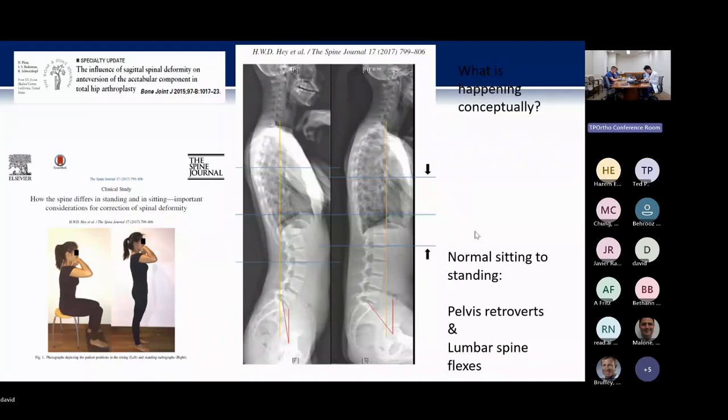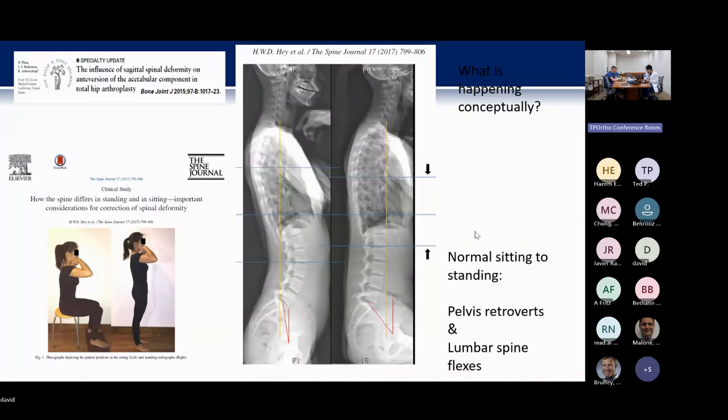So some ways of describing this better is to look at the full hip, pelvis, and spine range of motion throughout different positions. We think of this in terms of flexibility of supine versus standing, but sitting radiographs have been published more recently in trying to understand what the pelvis is doing between sitting and standing.